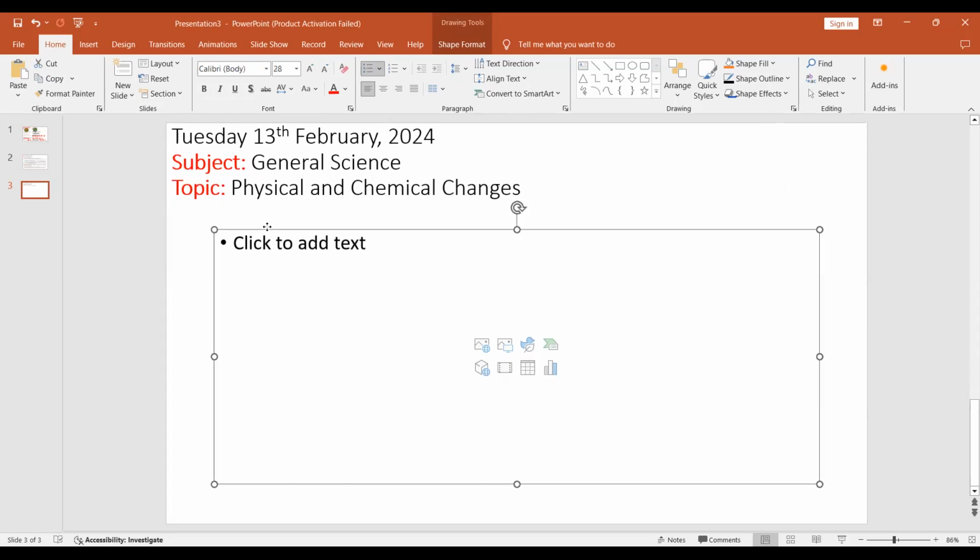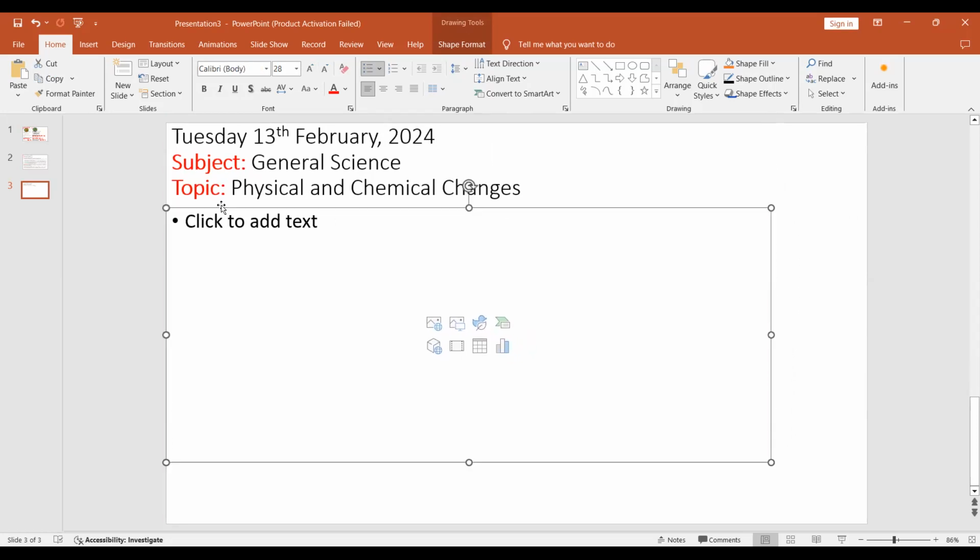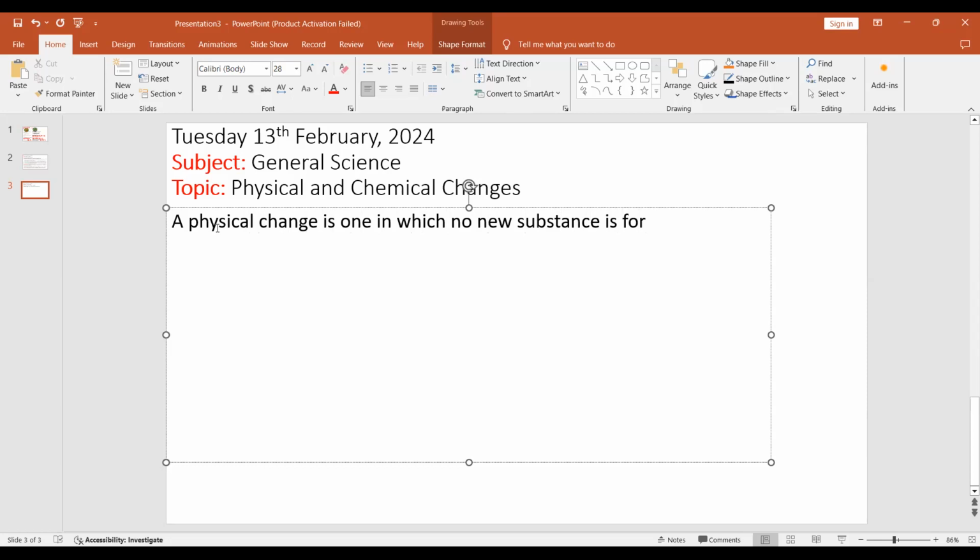So let's begin. A physical change, so we can start off with a definition of a physical change. Write this down for me, please. A physical change is one in which no new substance is formed.